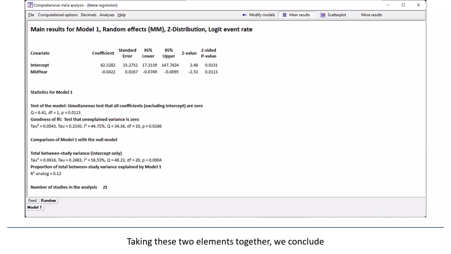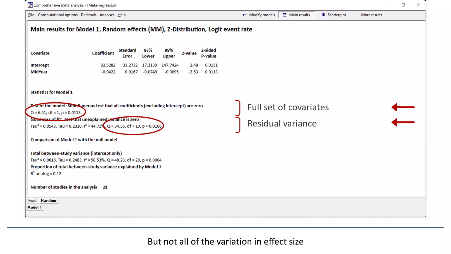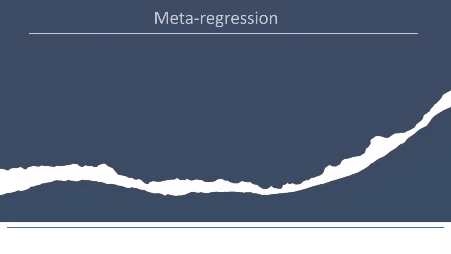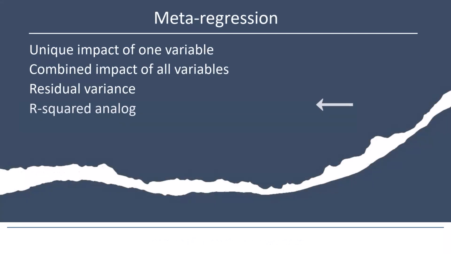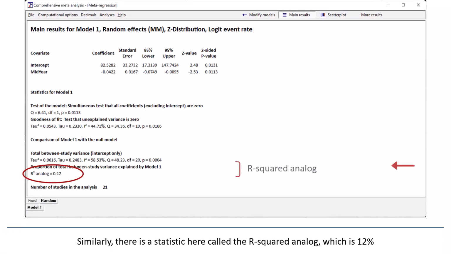Taking these two elements together, we conclude that year explains some of the variation in effect size, but not all of the variation in effect size. Similarly, there is a statistic here called the R-square analog, which is 12%.